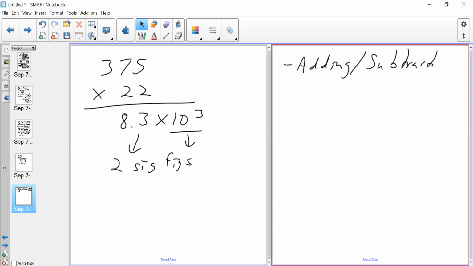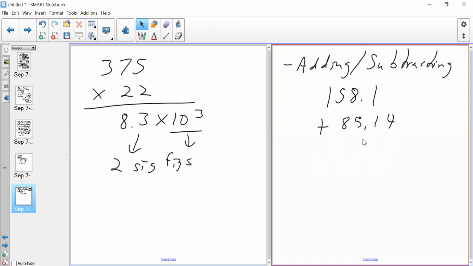adding and subtracting. We know that when we add and subtract numbers, the answer should be in terms of the least number of digits after the decimal. So, for example, if I have 158.1 plus 85.14, we don't look at the sig figs per se, although we can make an argument for that.